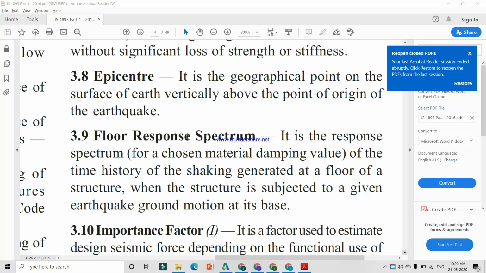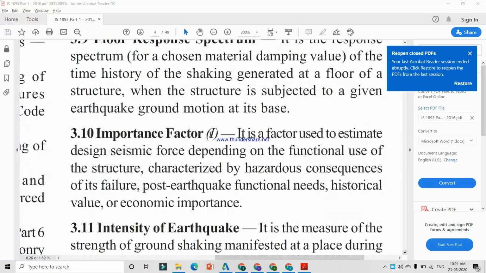The floor response spectrum is the response spectrum for the time history of the shaking generated at the floors of the structure when the structure is subjected to earthquake ground motion at its base. It is the time history of any building which is shaking during the earthquake.